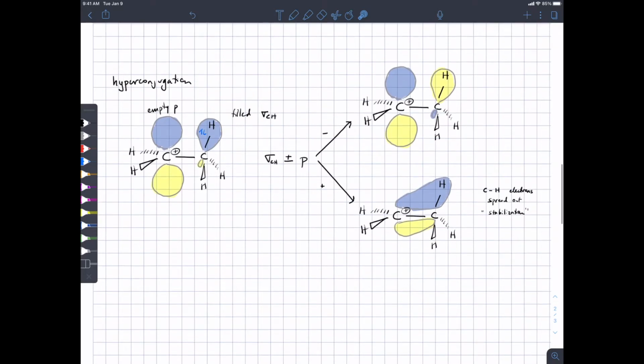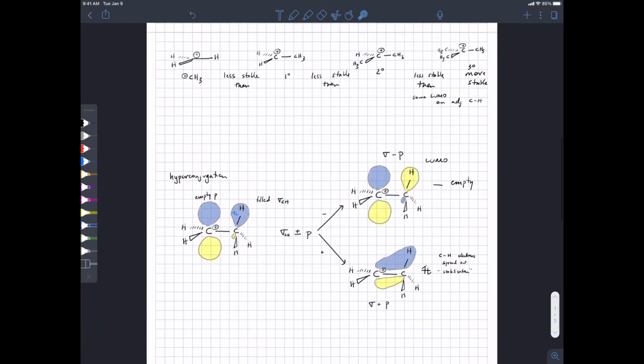All right, so just to review, this is the sigma plus p option. This is the sigma minus p option. This is the LUMO that's spread out. So hyperconjugation is stabilizing because it allows electrons to spread out and move to a lower energy level. It's true that we also make an out-of-phase option, but who cares because it's empty.